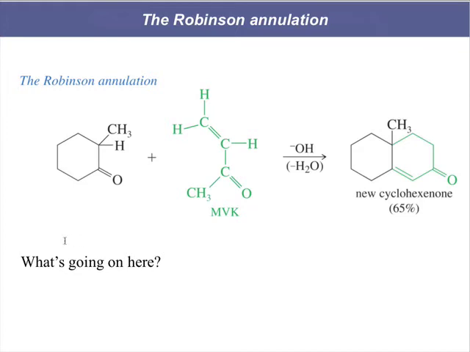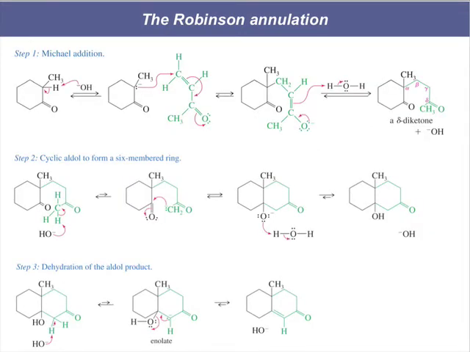You can think of it as being in 2 parts. The first part is a Michael addition. We're going to use our ketone as a Michael donor. This is a stabilized nucleophile because the electrons can be delocalized onto a carbonyl.